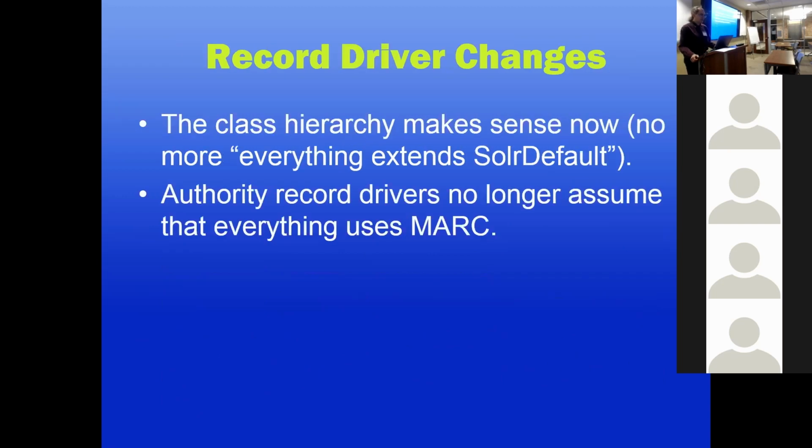So one more minor ramble about disruptive changes in the last release is that we adjusted the record driver hierarchy. Again, depending on your level of familiarity, you may or may not already have worked with record drivers a lot, but the idea of VuFind is that every record has a corresponding class that represents it in an abstract way.